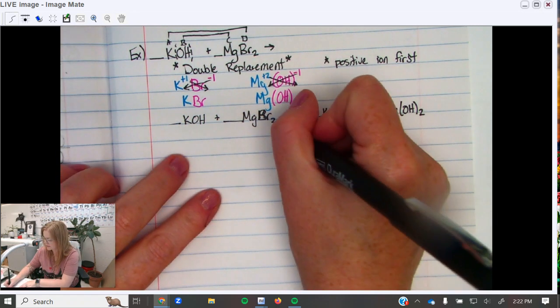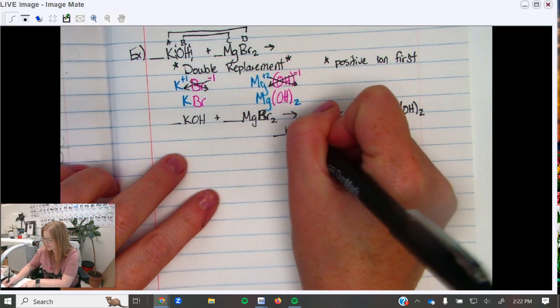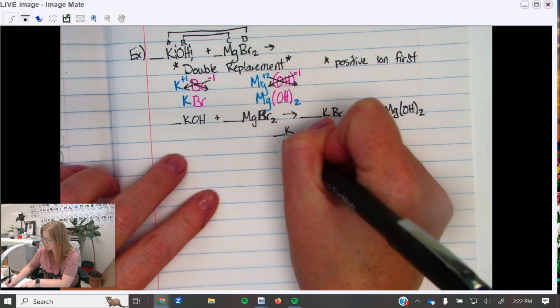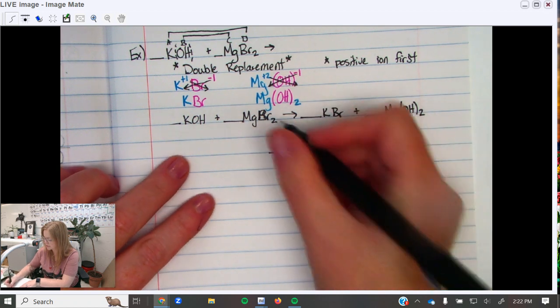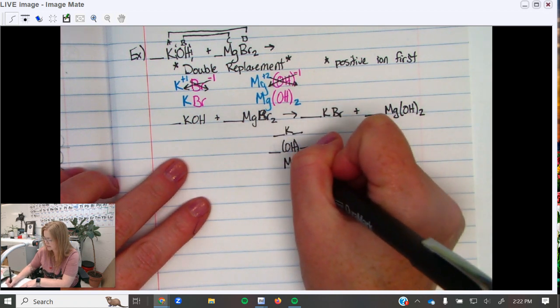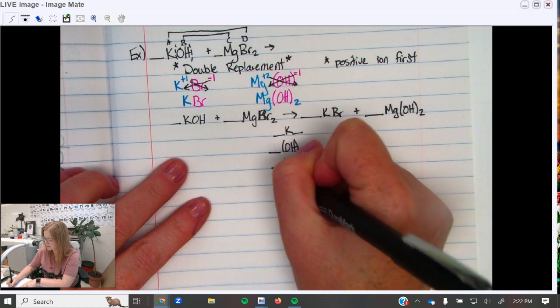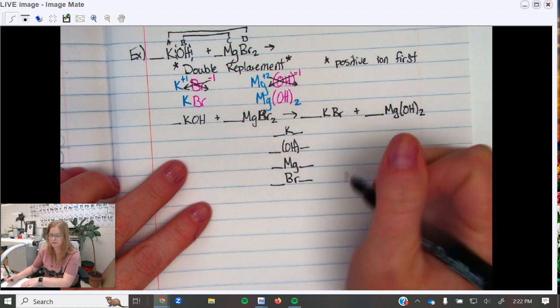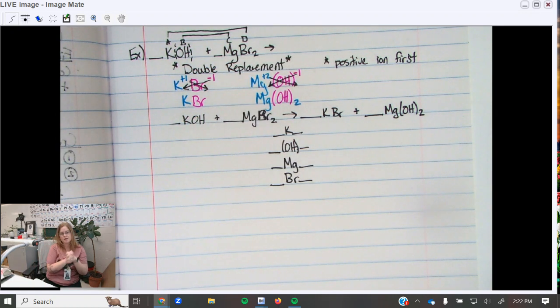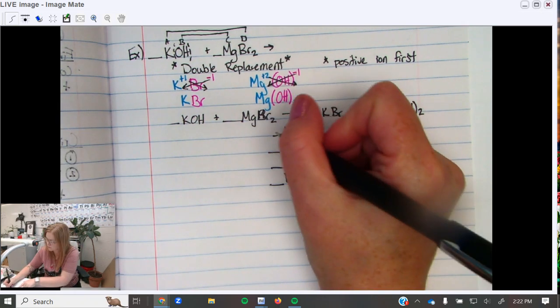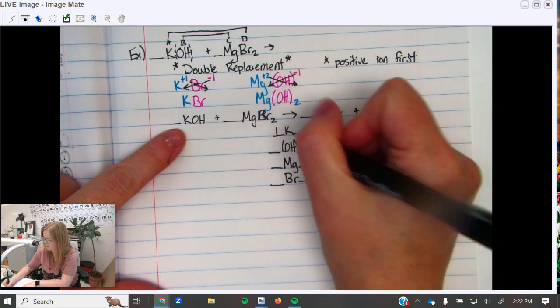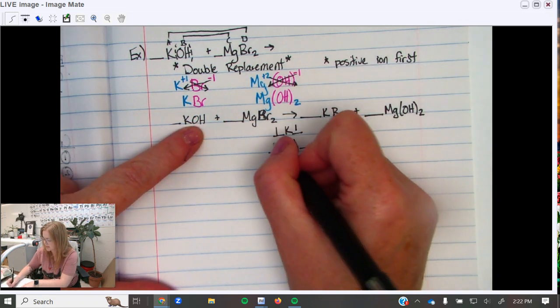So I have K, I have OH, which I'm going to keep together because that's one of my tricks to make it a little shorter. I have Mg, and I have Br. Lovely, amazing, great. Okay, so on the left, I have 1 K. On the right, I have 1 K. On the left, I have 1 OH.